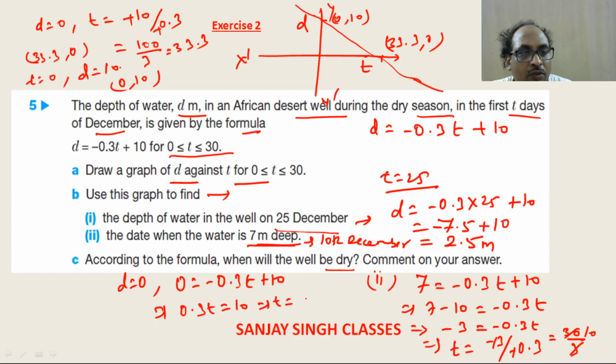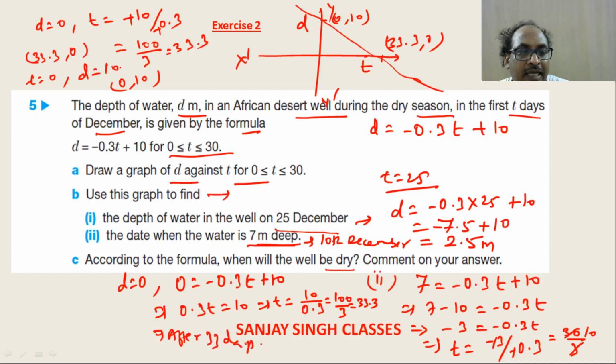Further, t is equal to 10 by 0.3, which is 100 by 3, giving 33.3. So the well will be dry after 33 days, ignoring the 0.3.